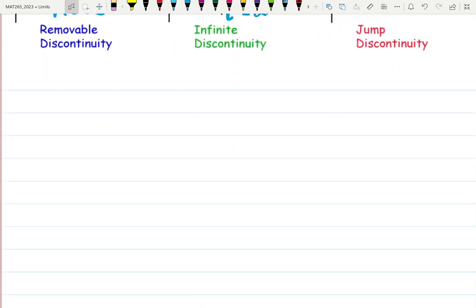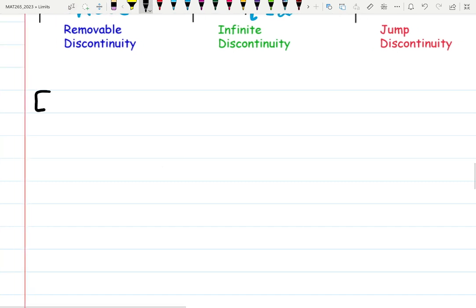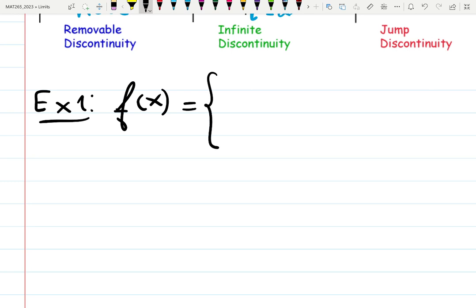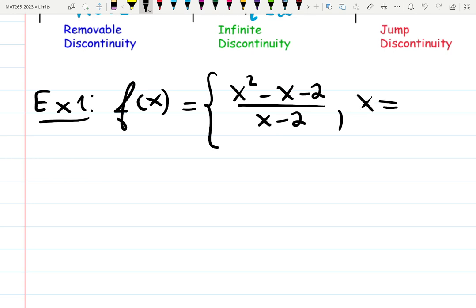Let's work on the example from your homework so you can finish your homework. Example 1. F of x equals a piecewise function, again: x squared minus x minus 2 all over x minus 2. This happens when x is not 2, because when it is 2, we have division by 0.